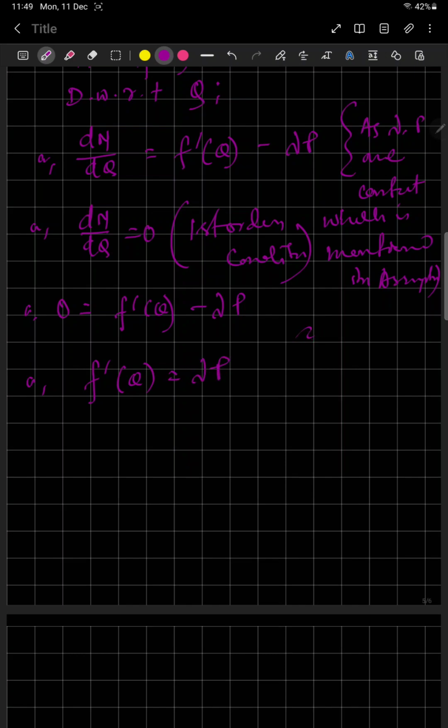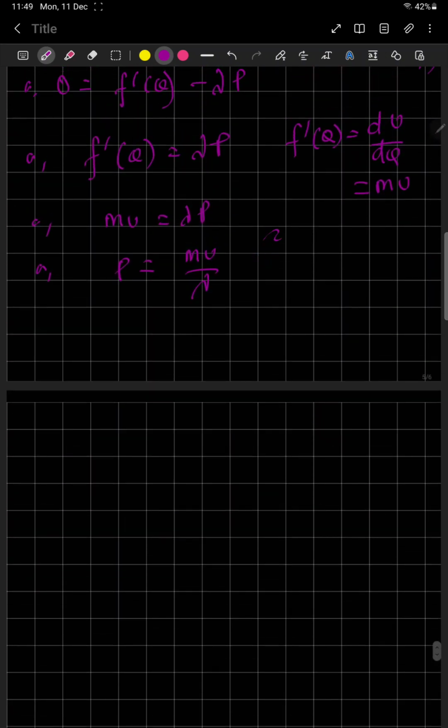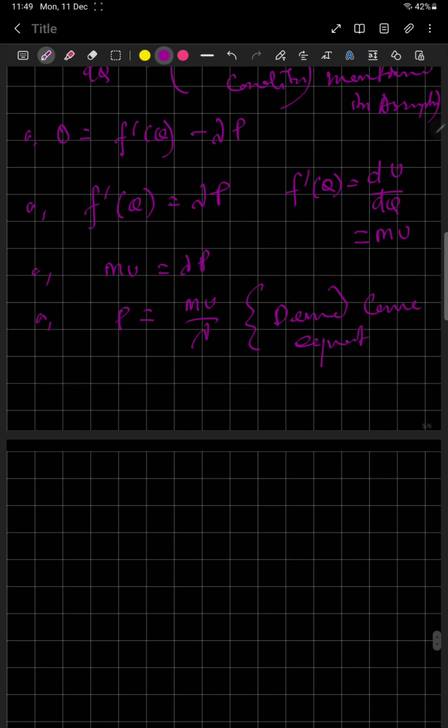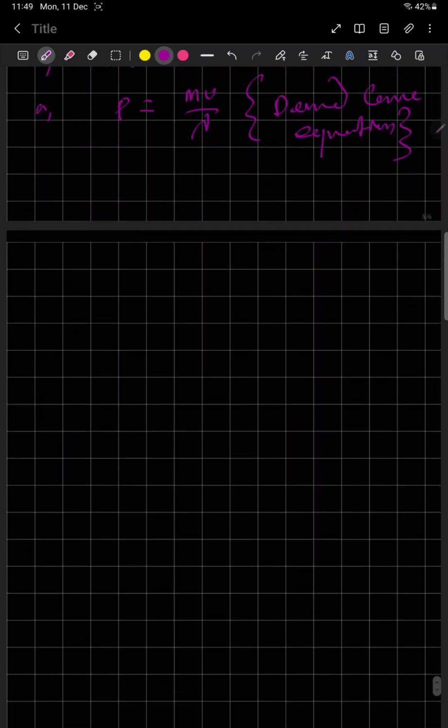What is f dash q? F dash q is nothing but del U by del q, which is the marginal utility. So marginal utility is equal to lambda p, or p is equal to MU by lambda. So this is the demand curve equation.